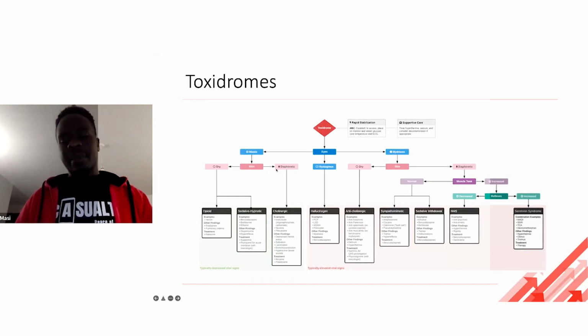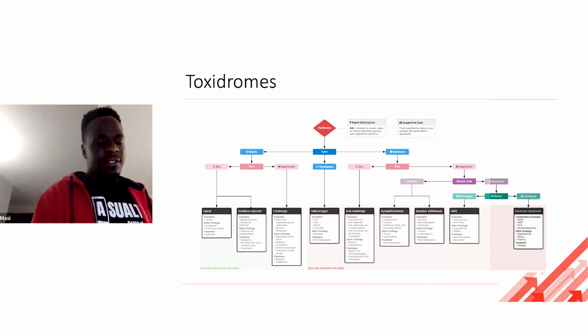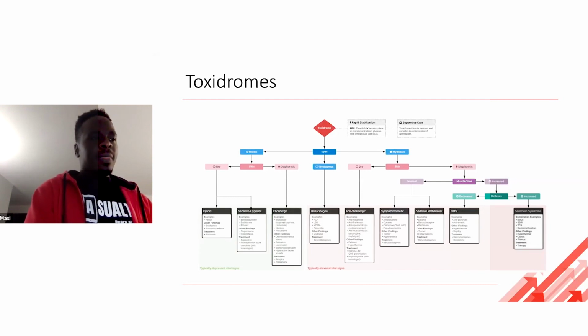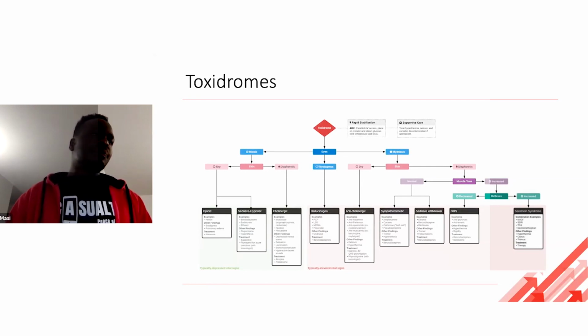When somebody takes in a particular toxin, there's a particular set of symptoms that they present with, and this set of symptoms is common among a particular set of poisons. And so this brings us to toxidromes, which are important for us to know.